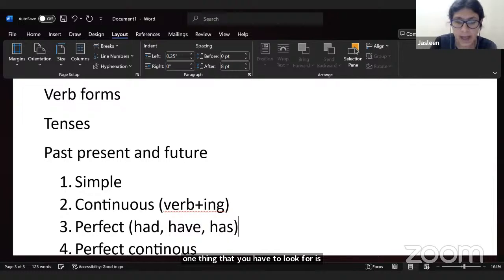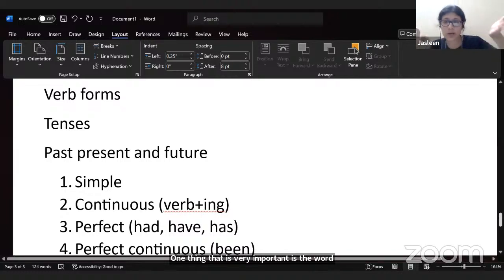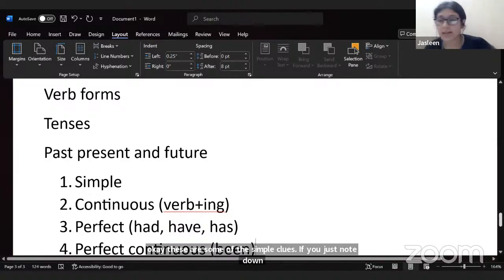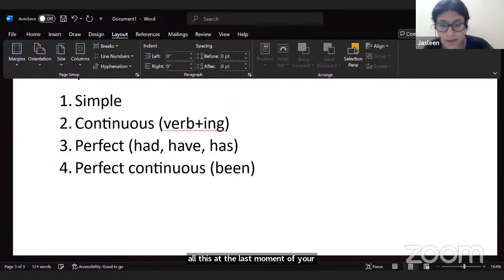Okay. And under perfect continuous, one thing that is very important is the word been. Okay. These are some of the simple clues. If you just note down all this at the last moment of your examination, it would be very helpful. You can just go through this.